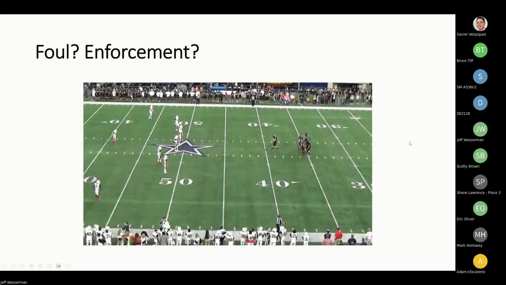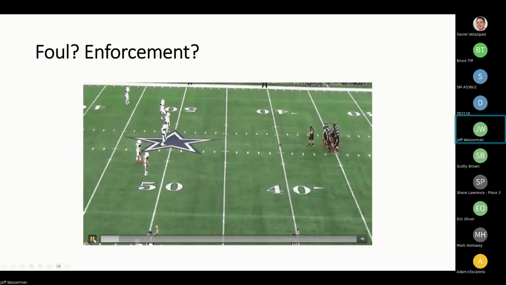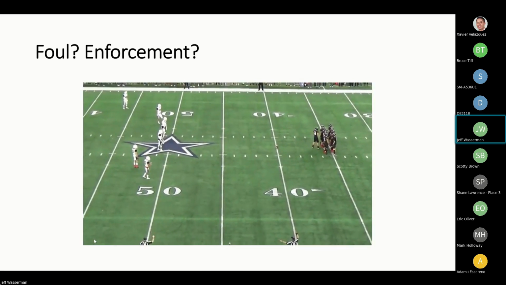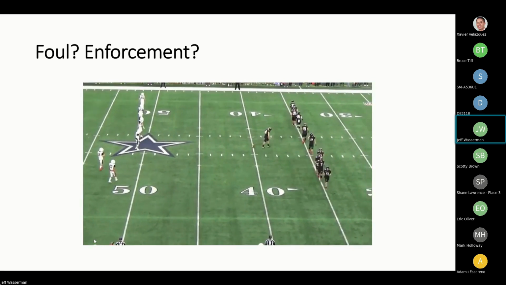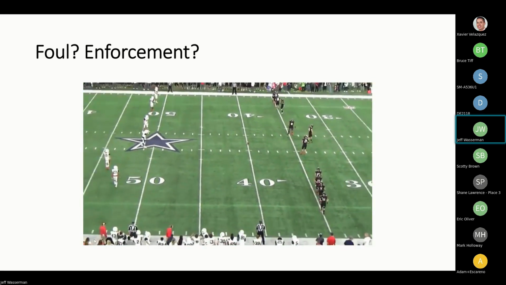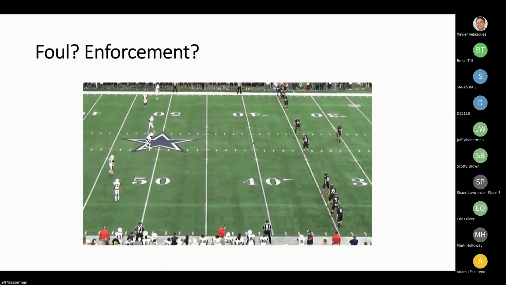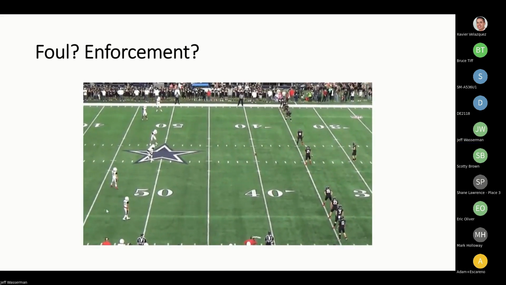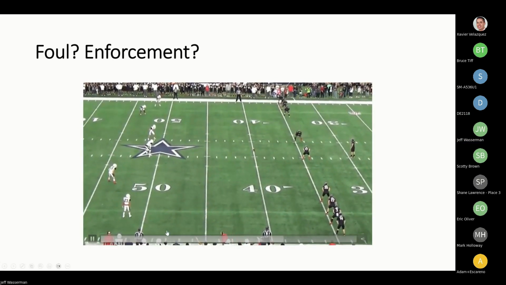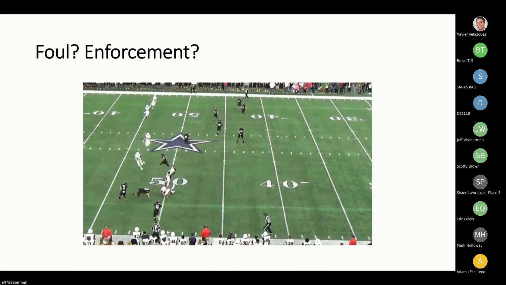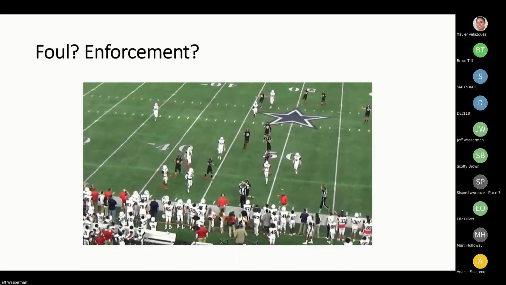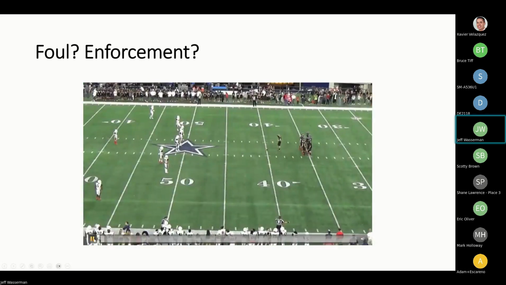All right, well, this is a pretty famous play from a high school perspective here in Texas. This was a championship game, and let's take a look at this. Okay, so a bunch of things going on here.